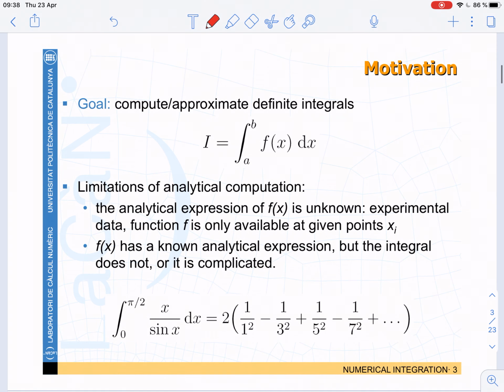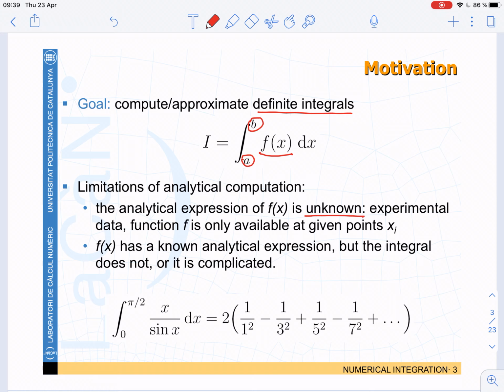Now, motivation. Our goal is to compute definite integrals, that is, the integral of some function f in interval a, b. In some cases, we can resort to analytical integration, but we are aware of the limitations of this approach in some applications. For instance, the analytical expression of f may be unknown, as we illustrated in the first exercise.